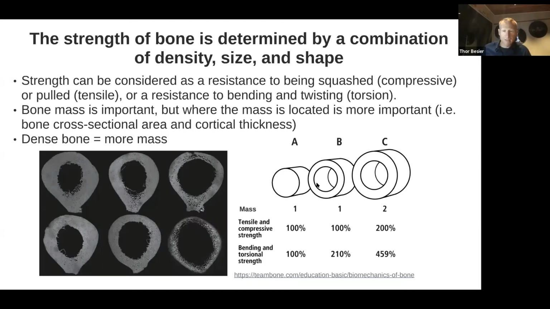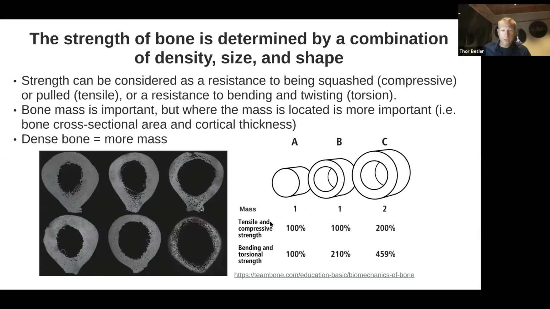So here we've got some examples of, let's say, these bone structures. This structure here is solid. It has, let's say, a mass of 1. Same mass over here, but now we've actually got a kind of a hollow structure, and so the diameter is increased. And over here, we've got a larger diameter again, and we've doubled the mass.